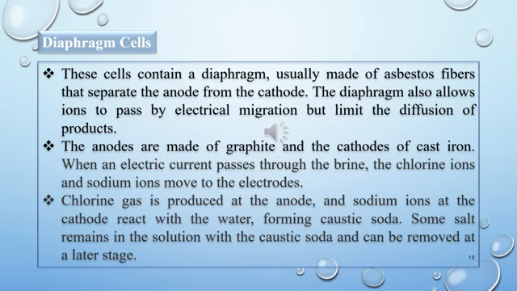The function of the diaphragm is that it allows the ions to pass through it, but it limits the diffusion of products. And the next point is that the anodes are made of graphite and the cathode of cast iron. When an electric current passes through the brine, the chloride ions and sodium ions move to the electrodes.